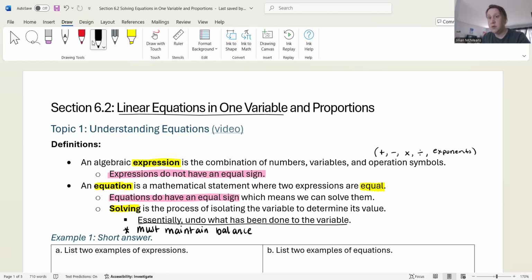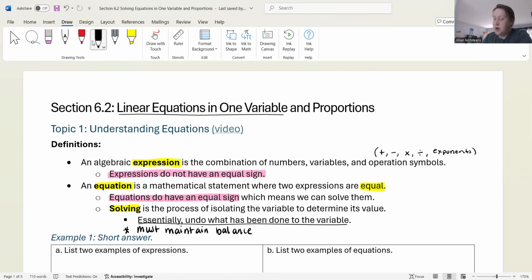We're saying, even though these two things look different, they are equal. Our job is to find the value for the variable that makes that so. That is what we mean by balance. The left really does equal the right. They may not look the same, but they are equal. As we take steps to isolate the variable, we must maintain that balance. We'll talk more about that in just a bit.